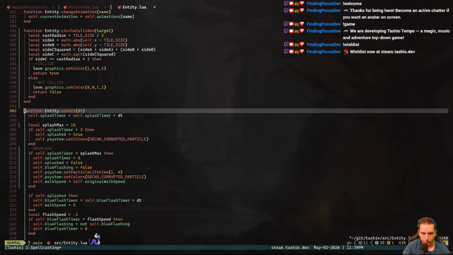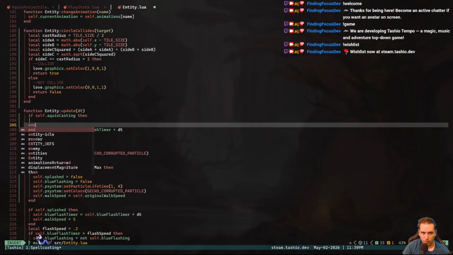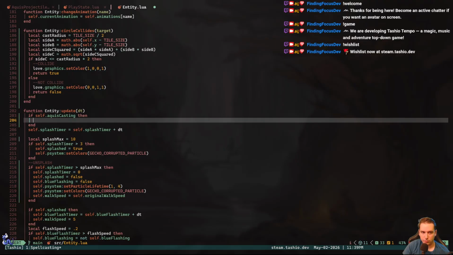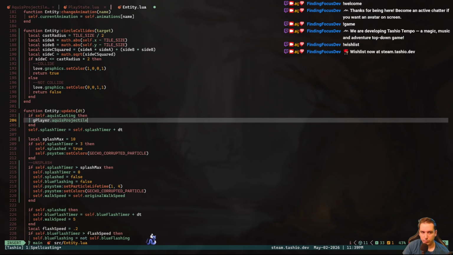In our update, we can do it wherever, right? Where we can say, well, if we're aqueous casting, then let's go ahead. We need to check the entity with any projectile. So if we're casting, we want to run the aqueous projectile as the target, right?